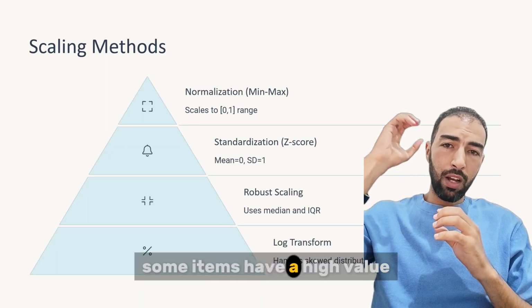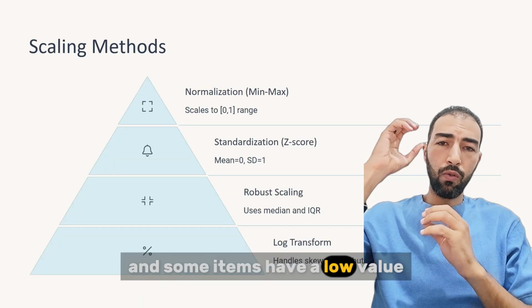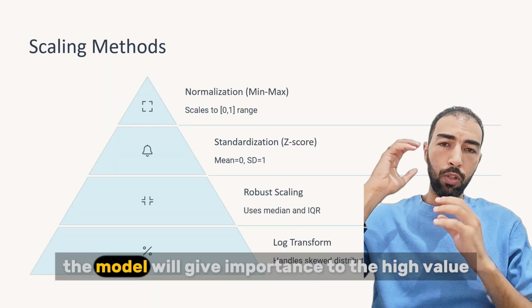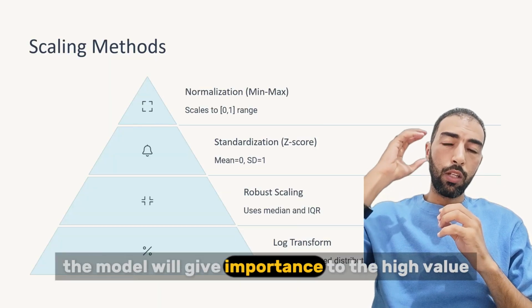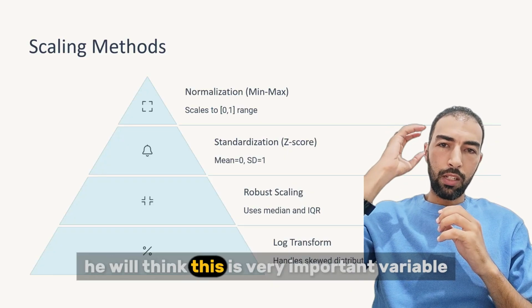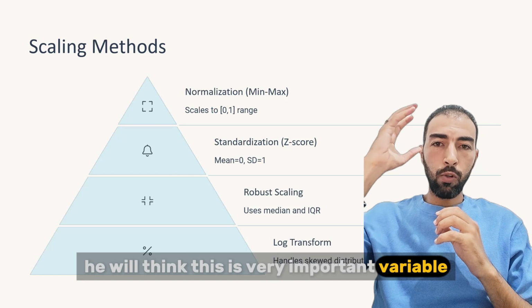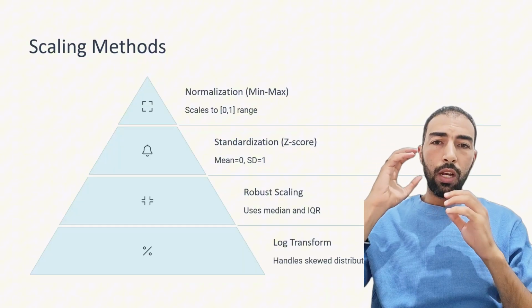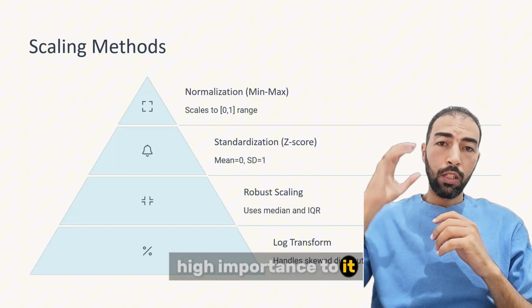Some items have a high value and some items have a low value. So the model will give importance to the high value. It will think this is a very important variable and that it needs to give it high importance in its equation.